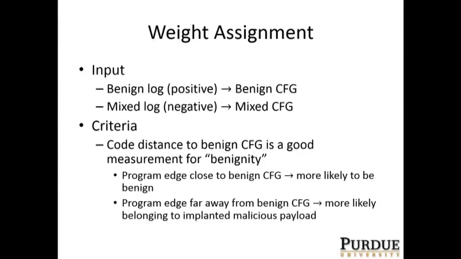We assign the weight for the negative data set based on 2 criteria. The first one is the program path that is close to the benign control flow graph is more likely to be benign. And the second one is program path that is far away from the benign control flow graph is more likely belonging to the implanted malicious payload.